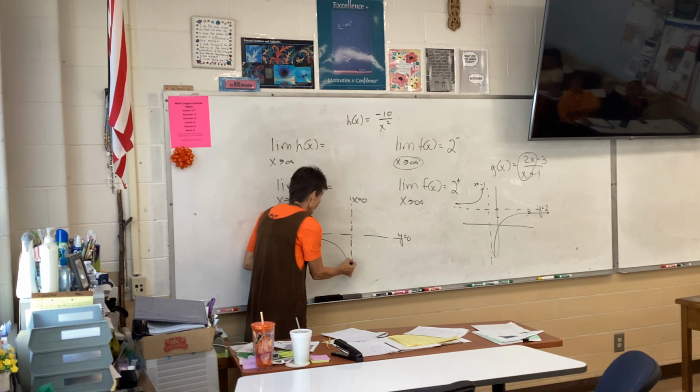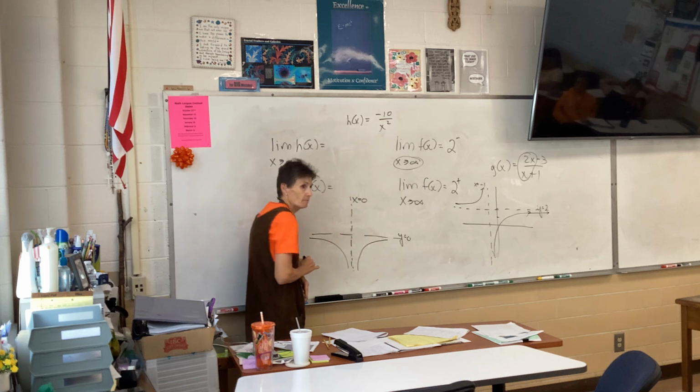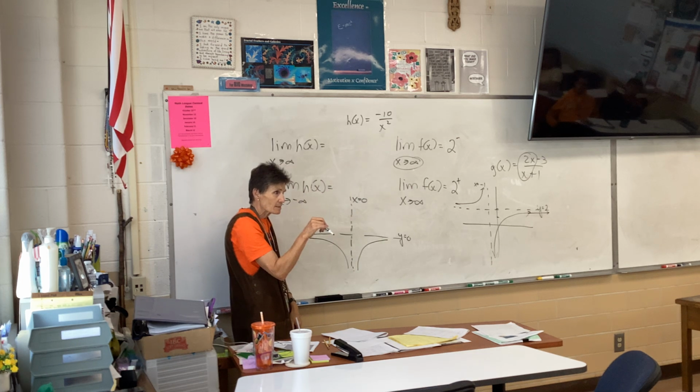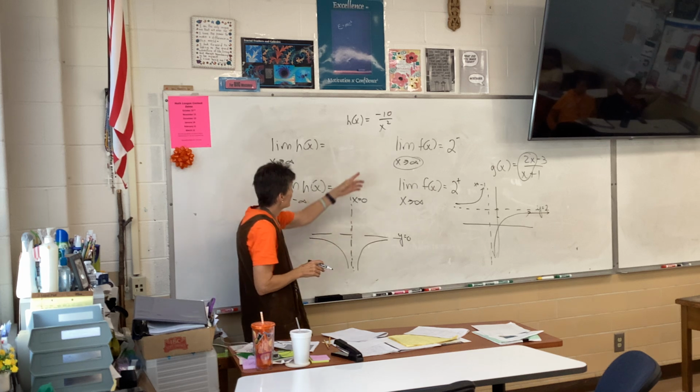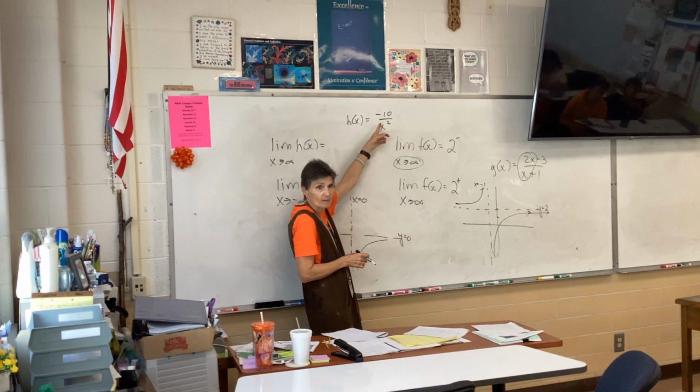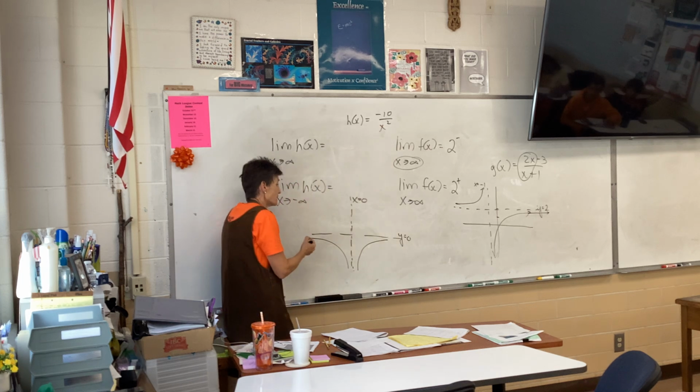Did your picture look something like this? Makes sense that it would all be negative because you're squaring. So that's going to be positive. You're negative. So what are you going to tell me?